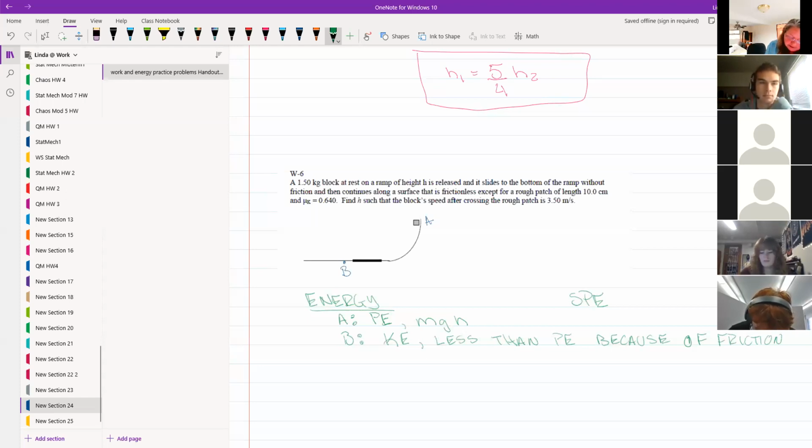So let's write this out as an equation because we're going to have one equaling the other. Somebody said, I'm going to have potential energy in the beginning. And did you add or subtract something from that, or did you just set it equal to everything on the other side?